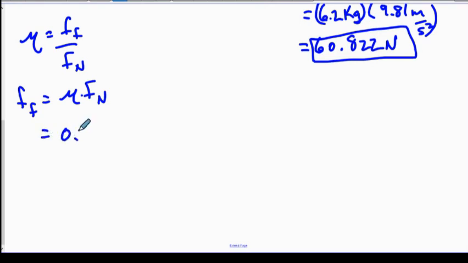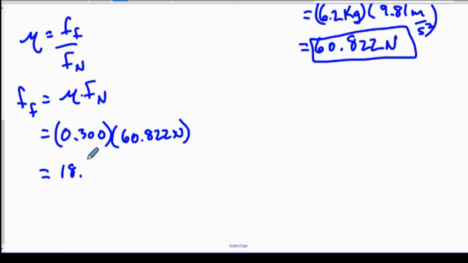So this would be 0.300 multiplied by 60.822 newtons. And what we're going to learn from that is that the force of friction is 18.2466 newtons. Rounded off to the proper significant digits, we're looking at 18 newtons.